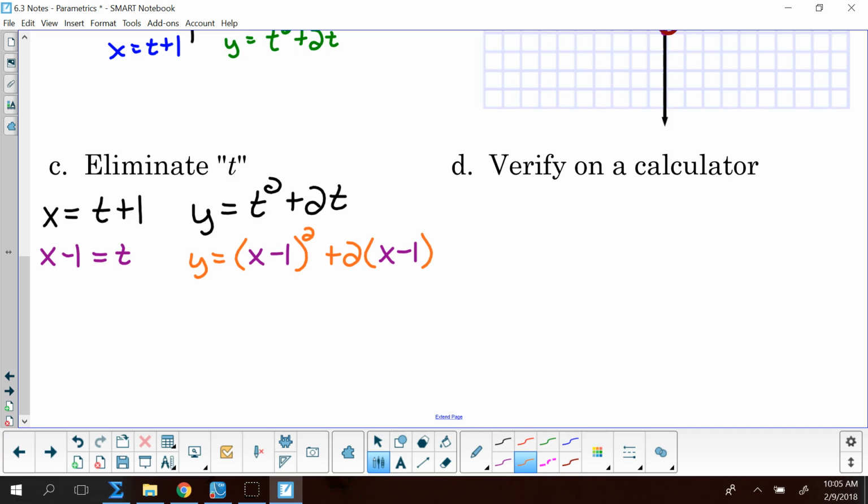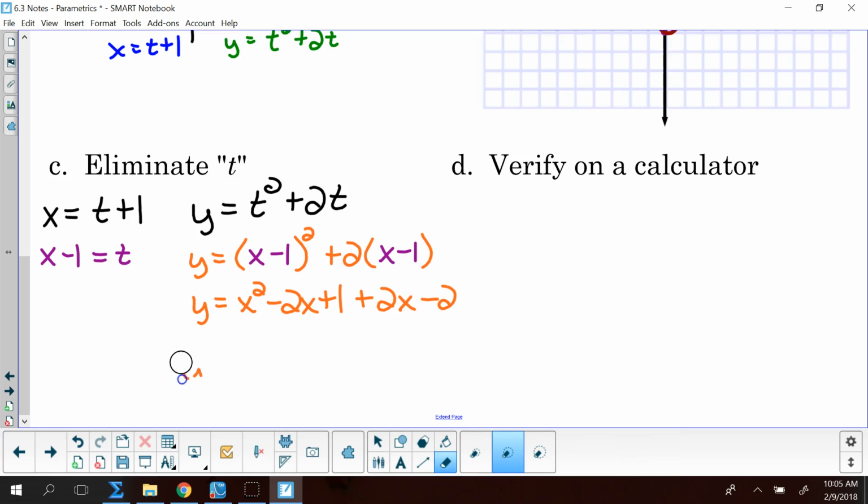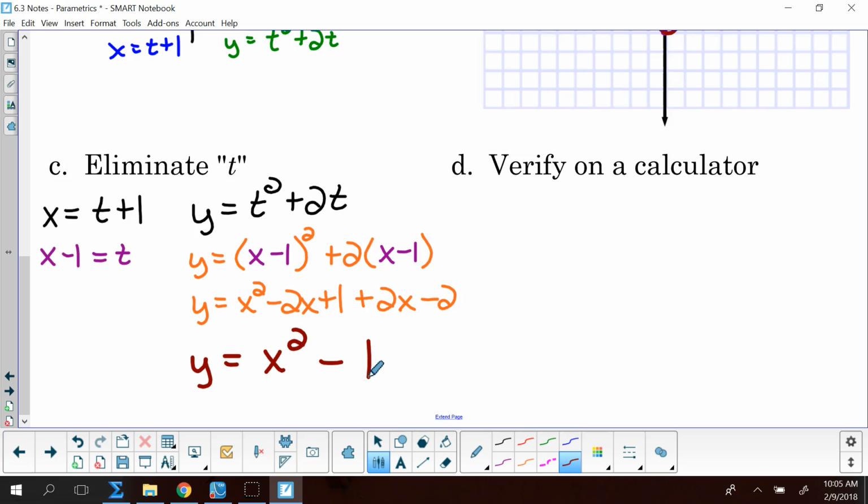Yeah? Okay. So then that would give me y equals x squared minus 2x plus 1 plus 2x minus 2. Yes? So that gives me y equals x squared minus 1.